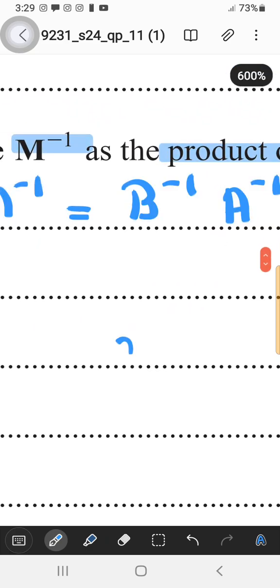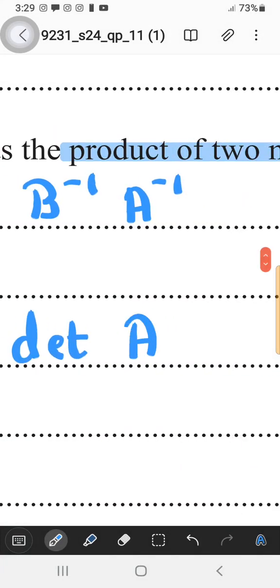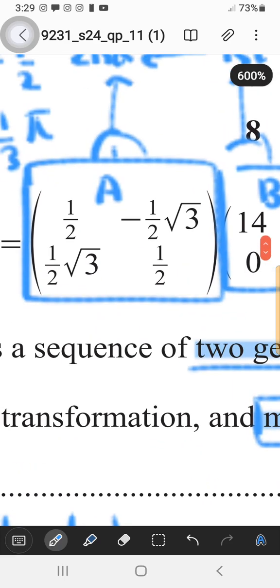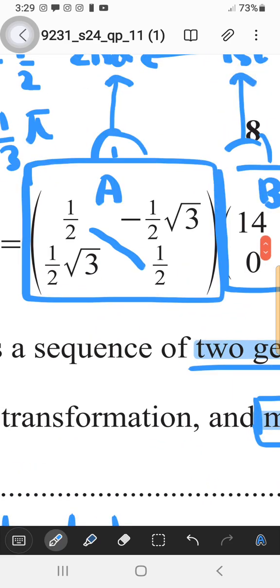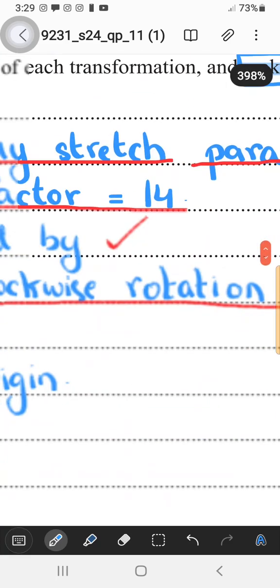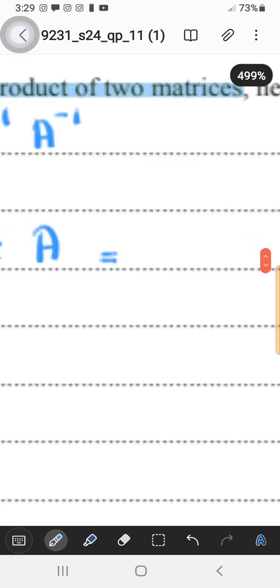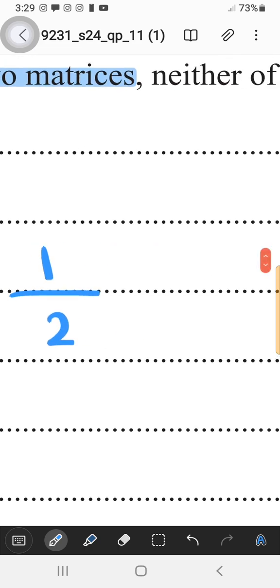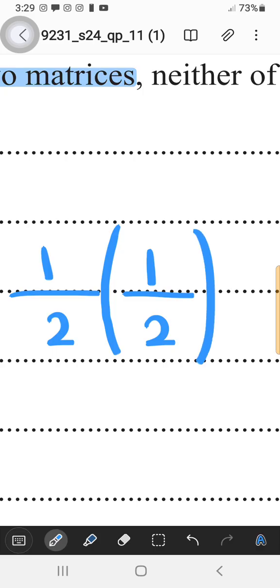So first I am finding out determinant of A and B both. Determinant of A. How will we find determinant? We multiply this 1 upon 2 and 1 upon 2. I will show you how we will find out determinant. Then 1 upon 2 by 1 upon 2.